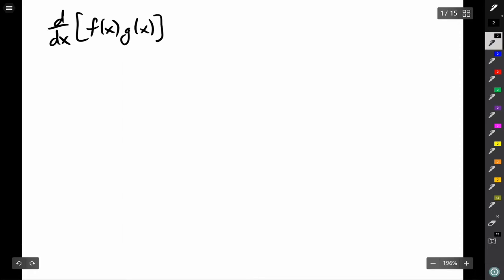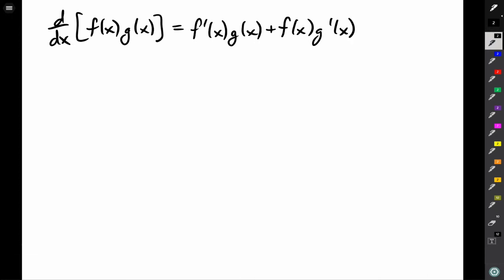which says that the derivative of a product is f prime of x, g of x, plus f of x, g prime of x. Right? Now, when we're looking at this here, what we want to do is undo the product rule. So we want to integrate both sides of this.